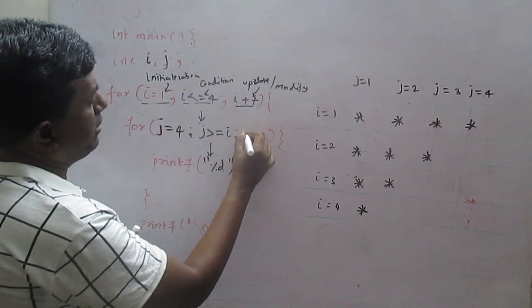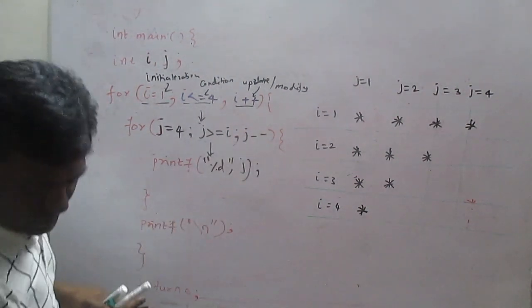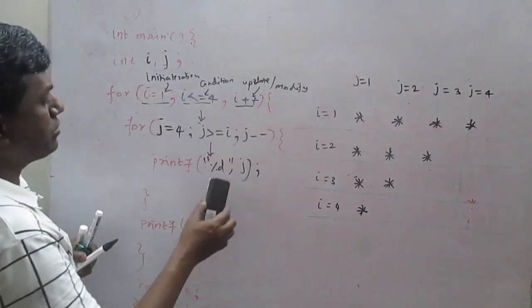Then j minus minus, so we are going for the post decrement.